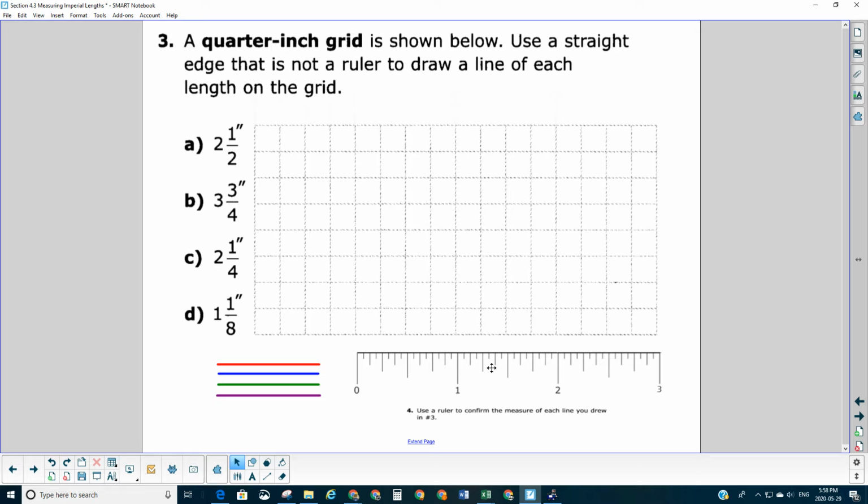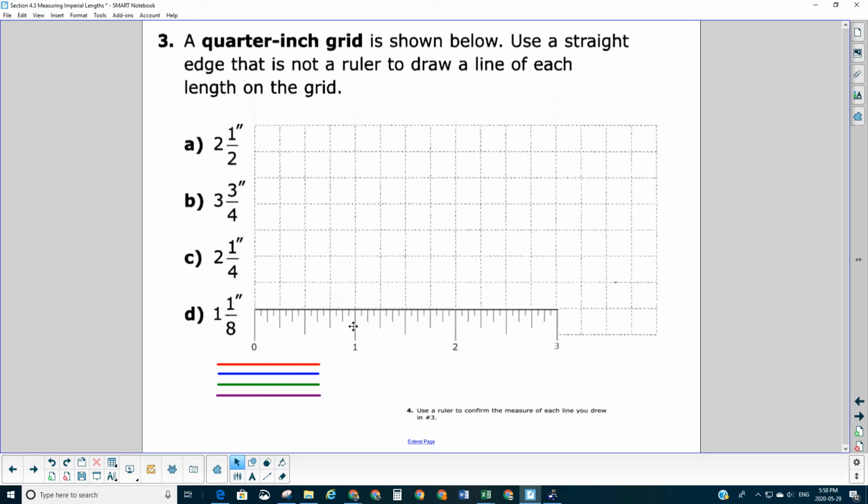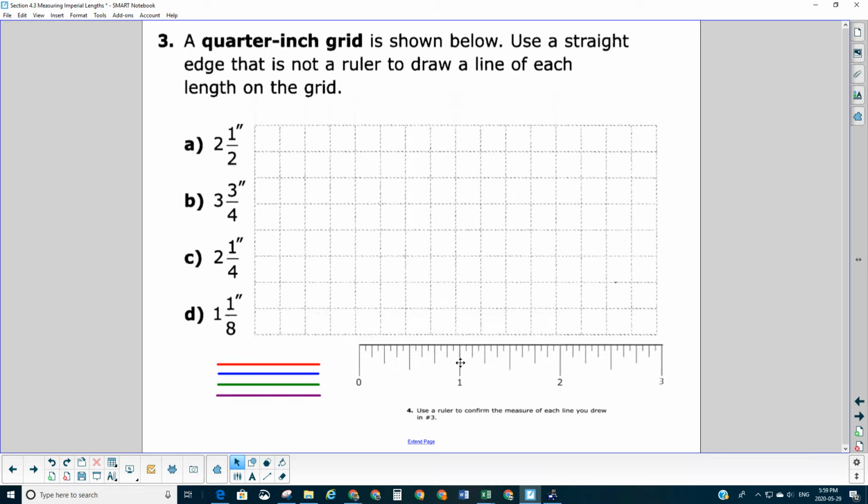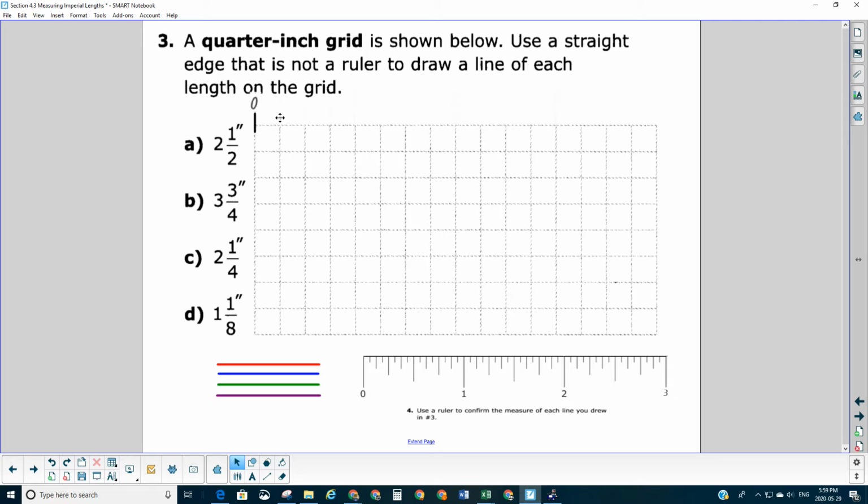So if each of these is 1/4 inch, how many of them is necessary to get to 1? Well, let's count them up. So there's the 0 spot. So if this is 1/4, 2/4, 3/4, and there's 4/4. So 4 ticks, 1, 2, 3, 4, that's 1 inch.